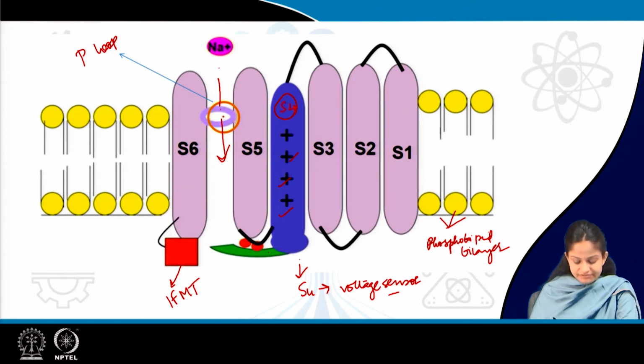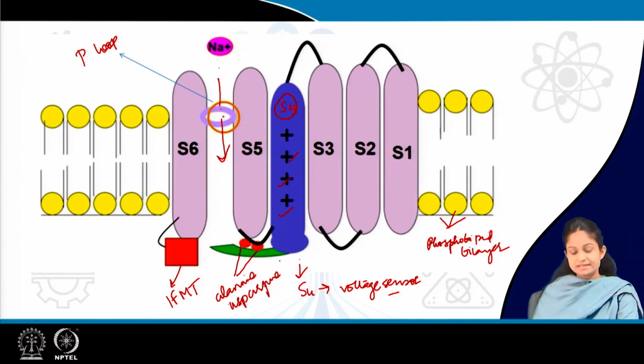And we have a few other amino acids, here you can see alanine and asparagine, present in the other segments of the domain. So, we have 2 hydrophobic amino acid groups, one the IFMT moiety and the other alanine and asparagine. These amino acids have very peculiar characteristics. They try to attract each other and form a bond.